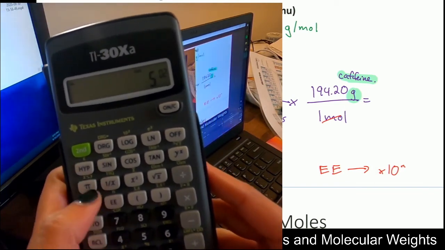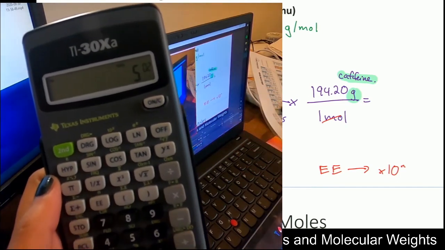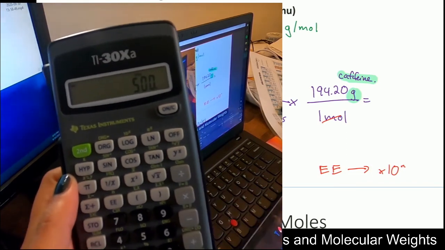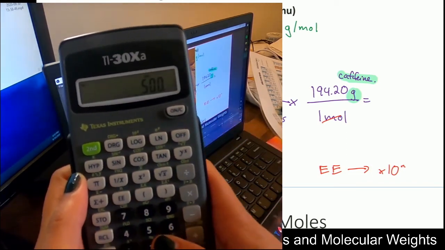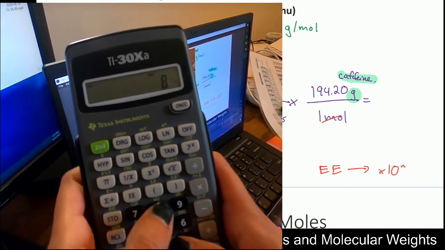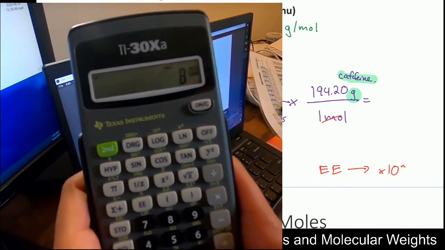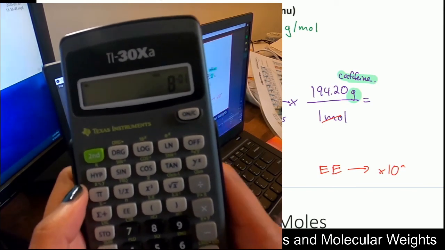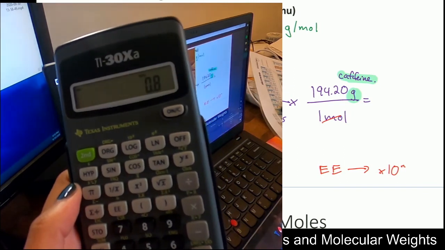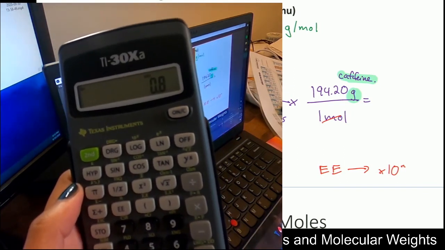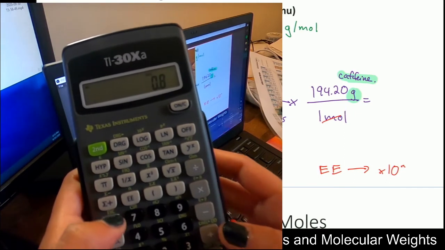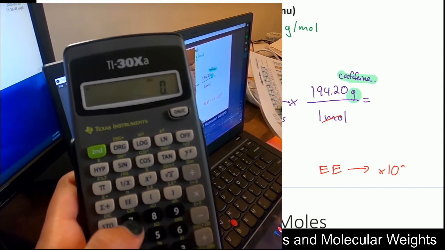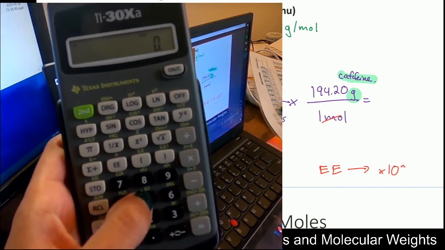That EE is just telling the calculator to put times 10 to the number, input the exponent number, and then hit your operation, and see how it says 500. Or, if I say 8 EE negative 1, so 8 times 10 to the negative 1, would be 0.8. And there it is, 0.8. So there's a little trick to use the calculator so you don't actually have to write times 10 to the exponent. Let me show you how I input this question onto my calculator.